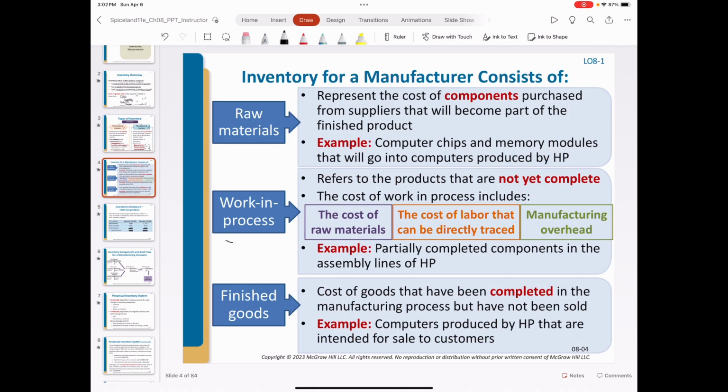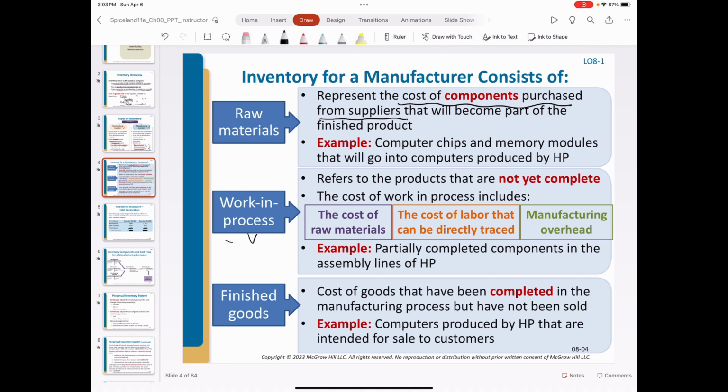In this slide, I'm introducing the difference between these three layers of inventory for manufacturers. Raw material is very simple. It represents the cost of components purchased directly from the supplier. They will become part of the finished products, but at this stage, raw material has not entered the production procedures.